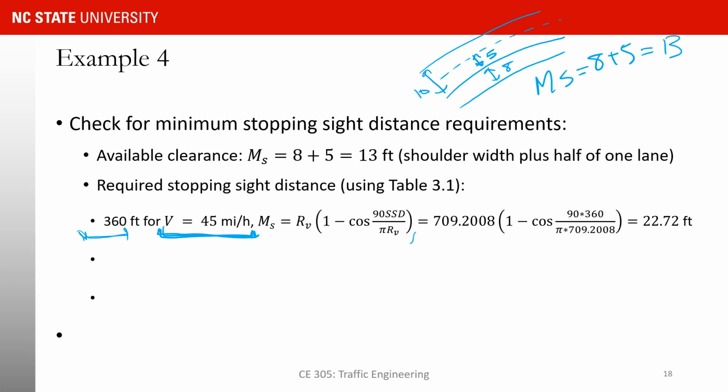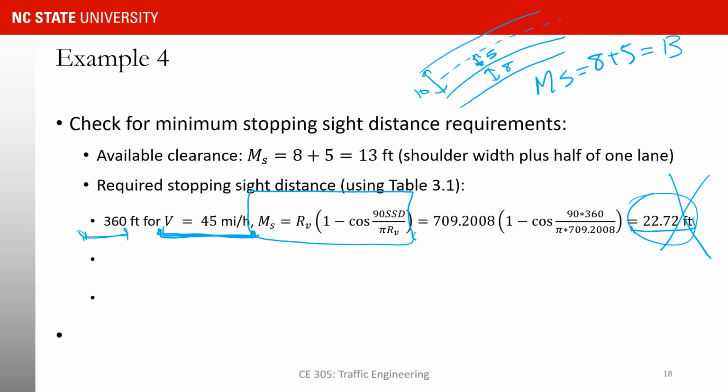I'm gonna put it in this equation, and that is gonna give me the required M sub S. So the required M sub S is equal to 22.72. How much clearance do I have? 13. How much do I need? 22. So the need is more than what I have. So 45 is not gonna work.